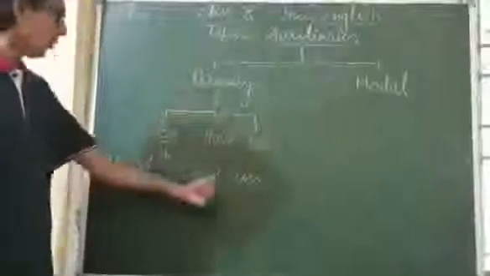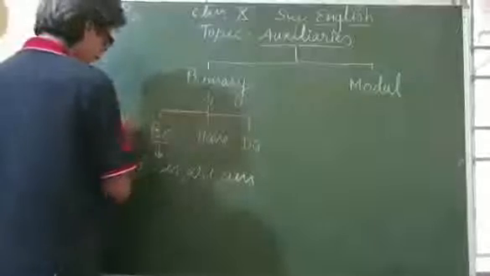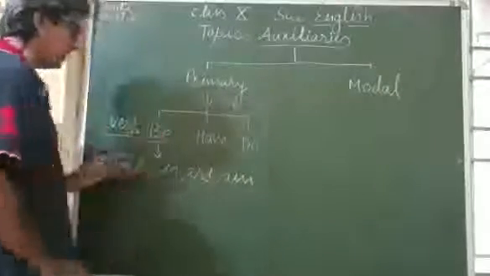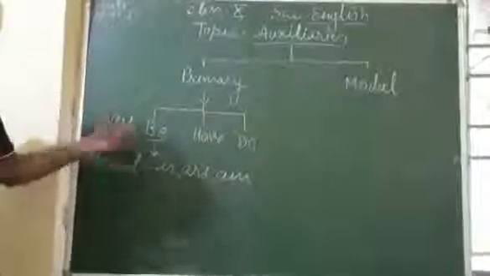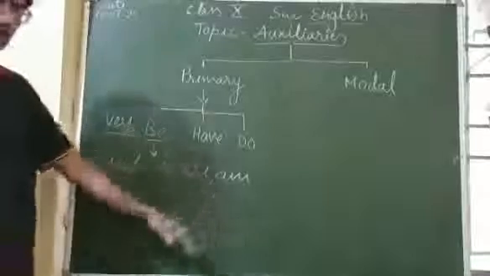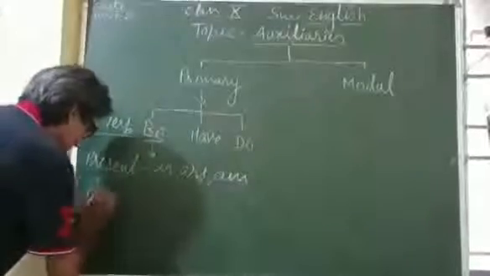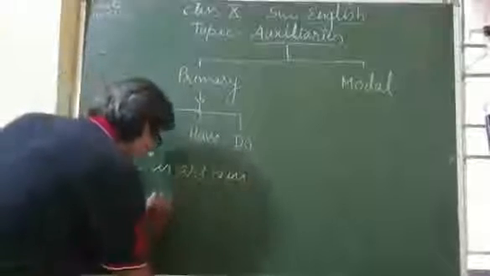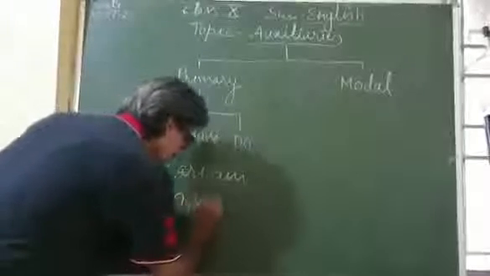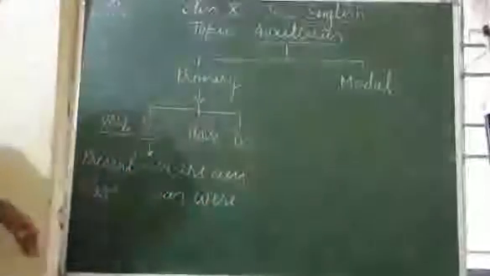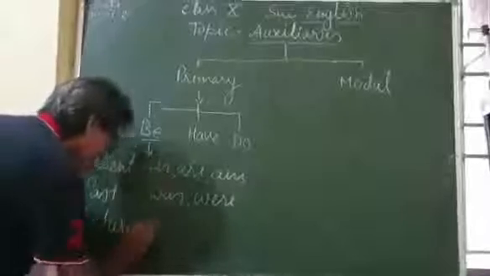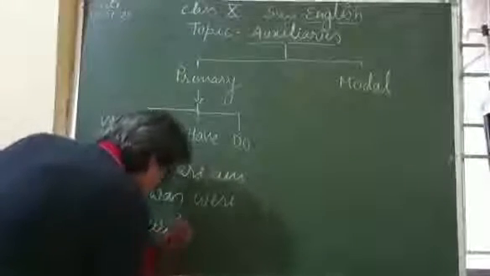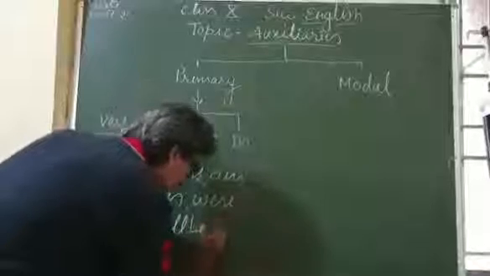तो ये होने को वर्ब, जो ये बी है, it is called verb be. Forms of verb be. Be means existence, state, होना. For present: is, are, am; for past: was and were; and for future: will be and shall be.